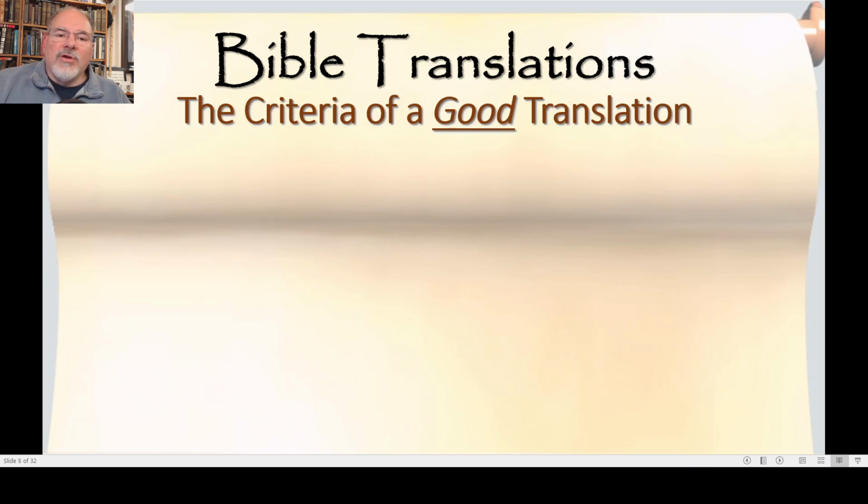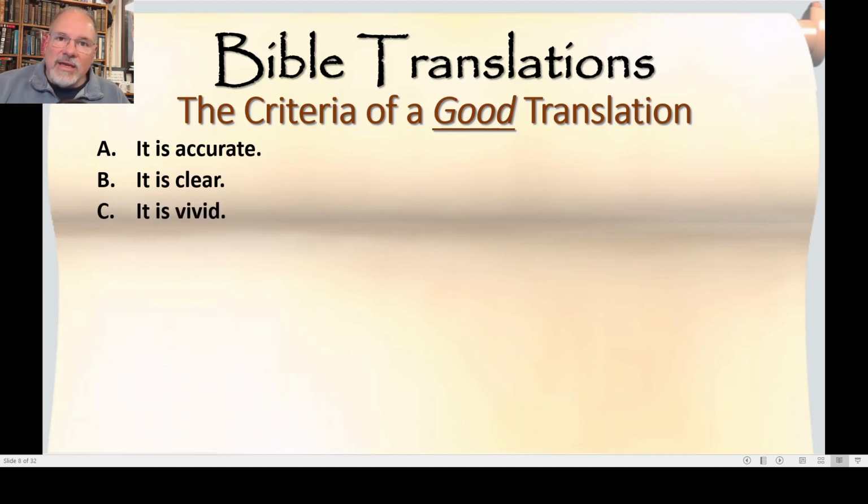How about the criteria of a good translation? Let's look at that. It's accurate, clear, right? Vivid, right? You talk about like selecting on a television vivid where the colors are bright and everything. Well, you want to have a vivid translation. You want to have something that is not just clear but stands out in the use of words and all that when they're translated into the other language.